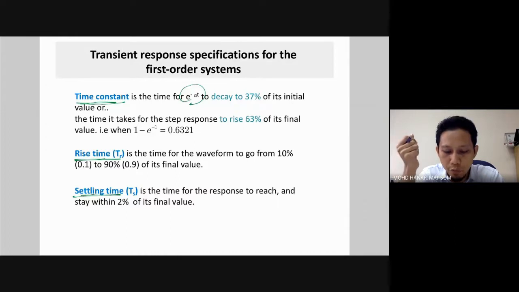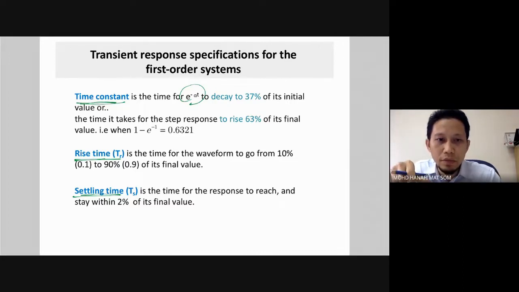Let's say we have one minus exponential negative t, where t equals 1, we have 0.63 to 1. So this is the time constant.